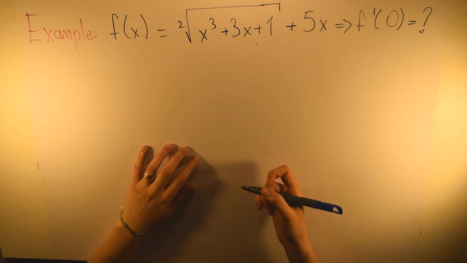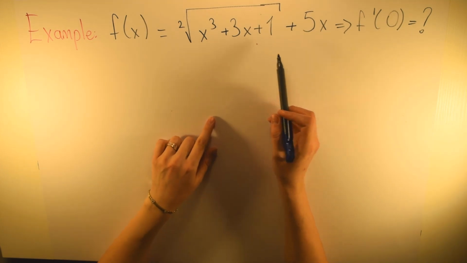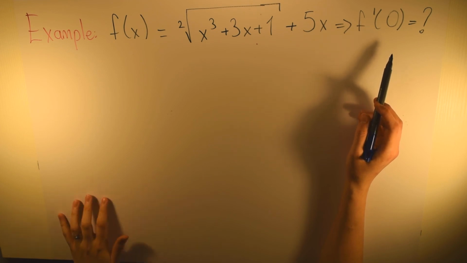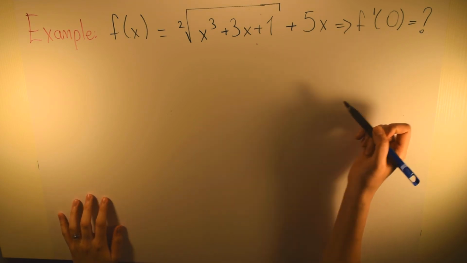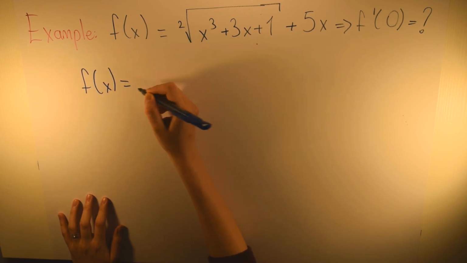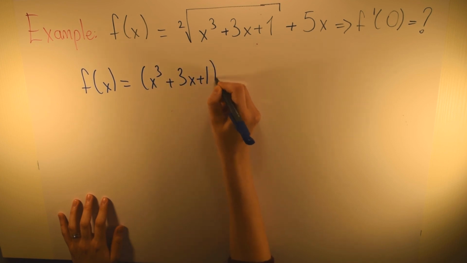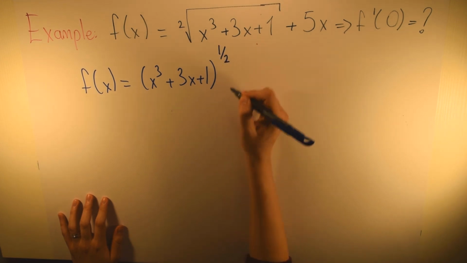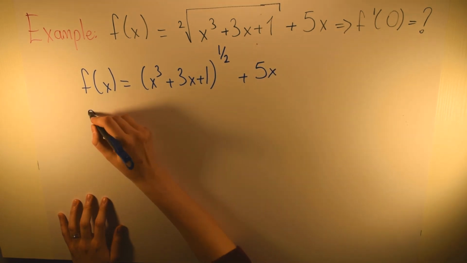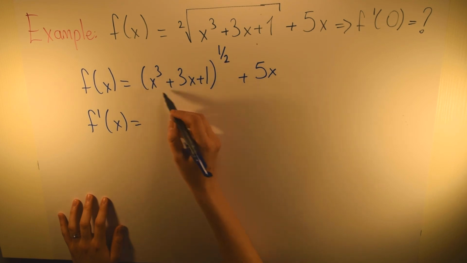Let's look at this example. Here we have f of x is equal to the square root of x cubed plus 3x plus 1, plus 5x, and the derivative of f of 0 is asked. So first we will find the derivative of f of x. First of all, I can write this f of x as x cubed plus 3x plus 1 to the power of 1 over 2, right, plus 5x. So let's take its derivative. I put this 1 over 2 in front of this expression.